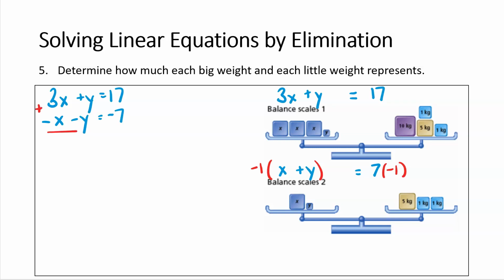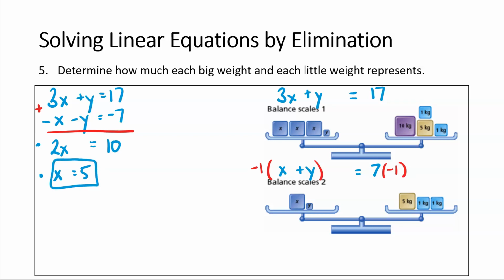So I'll add those two equations together. 3x plus a negative x is 2x, the y's cancel, 17 plus a minus 7 is 10. So from there we can solve for x, divide both sides by 2, x equals 5.